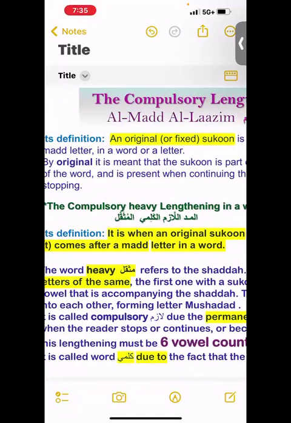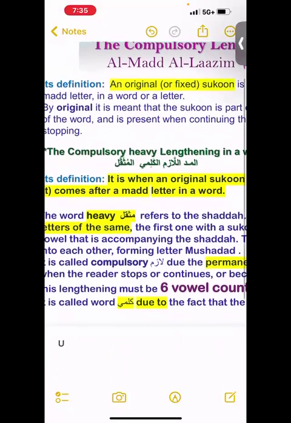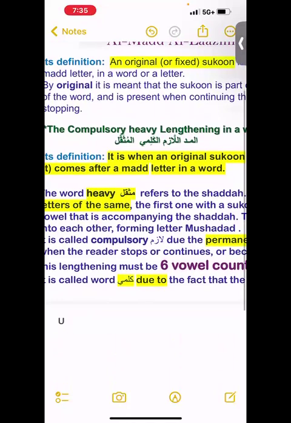When you look at the shadda, if I say the word inna, a shadda means two duplicated letters. The first letter will have a sukoon and the second letter will have a haraka. Why is this word heavy?